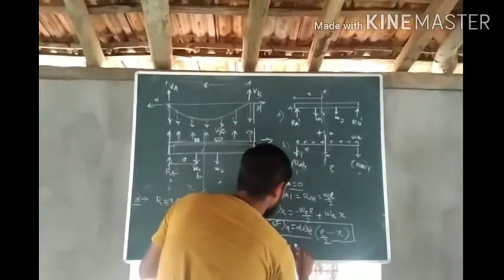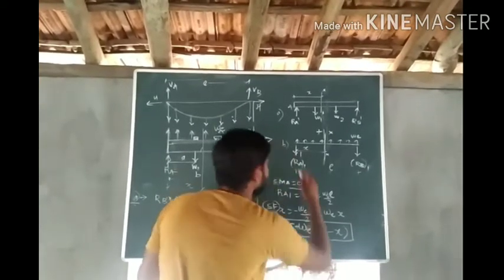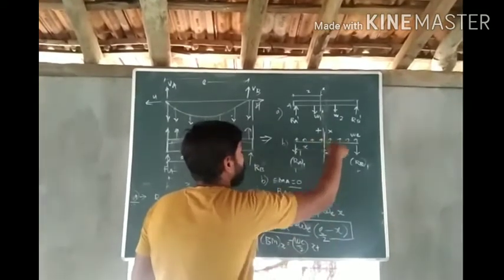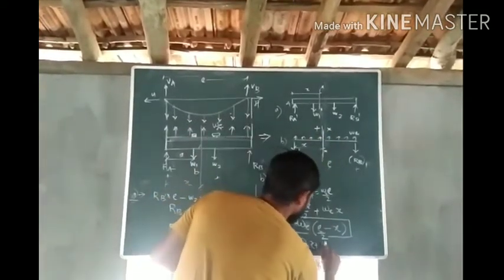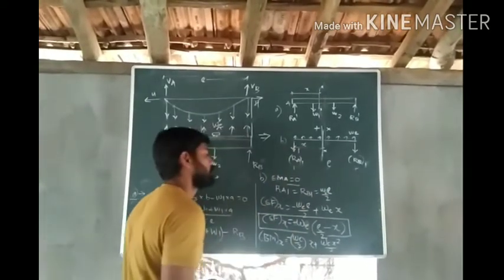RA1 is WL by 2 multiplied by X, and it will cause an anti-clockwise moment, so minus. Then this will cause a clockwise moment, so plus WE into X square divided by 2.